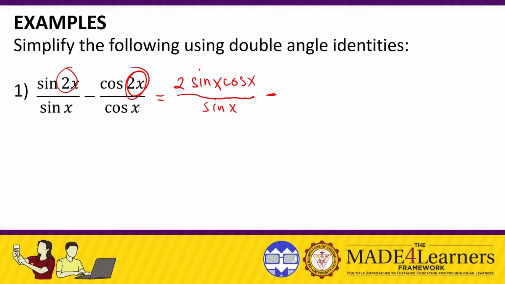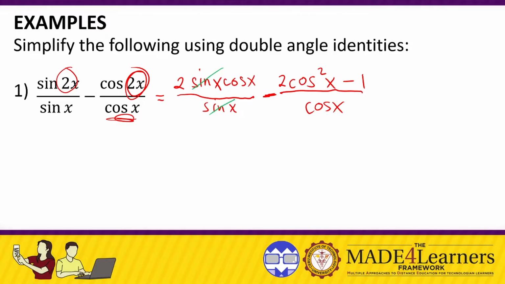Then for cos 2x, since we're dealing with cosine, we probably want to eliminate cosine, so we'll use the formula with cosine: 2 cosine squared x minus 1, all over cos x. Let's see if we can cancel out a factor. Here we have sine x, so cancel out sine x.